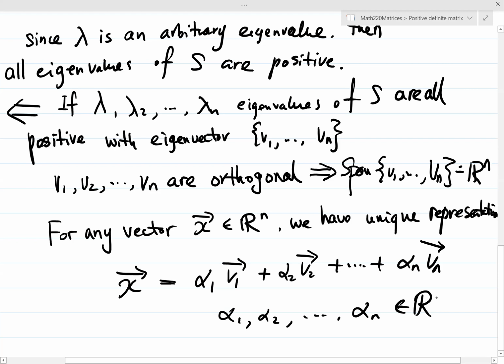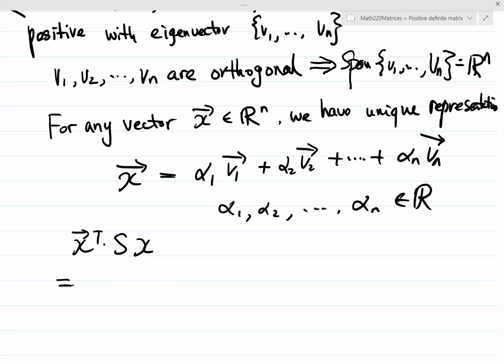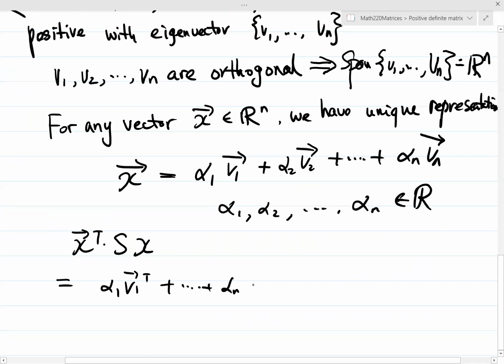Then we see x transpose S x. What do we get? Now they are orthogonal. So if you write it out, this will be alpha 1 v1 transpose plus ... plus alpha n vn transpose, times S applied to alpha 1 v1 plus ... plus alpha n vn.